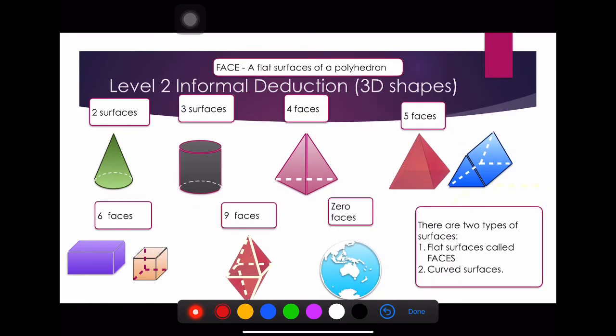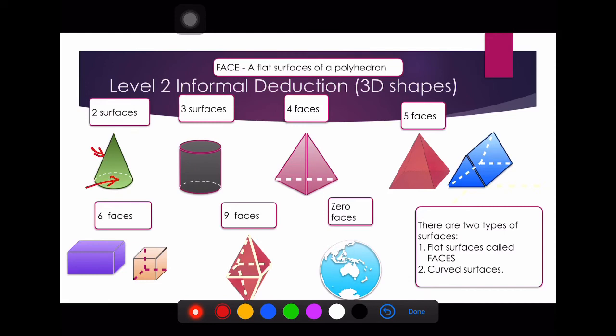Now for face, which is actually a flat surface of a polyhedron. If it is a non-polyhedron, it will not be called a face, it will be called a surface, either curved surface or flat surface. So a cone has 2 surfaces because it has a curved surface over here and a flat surface over here.